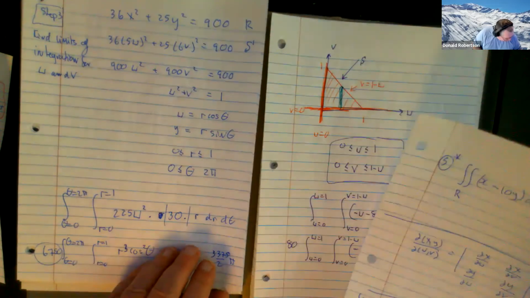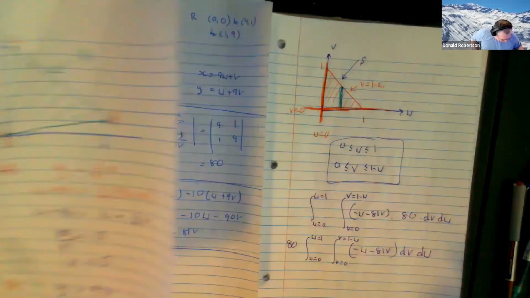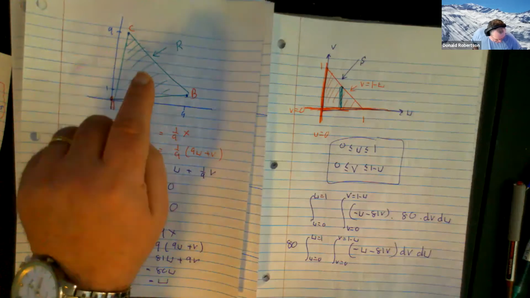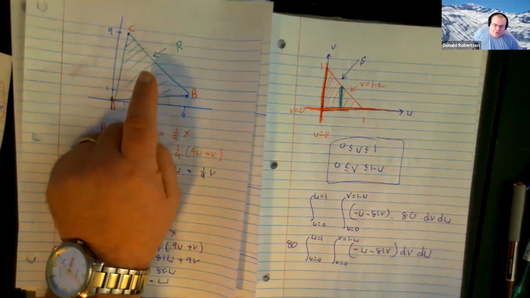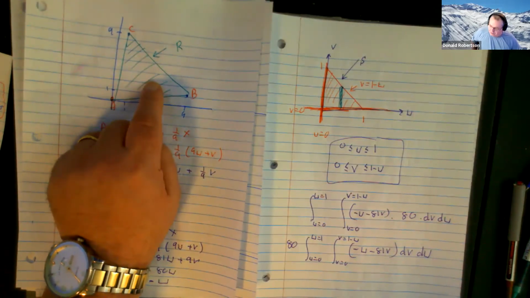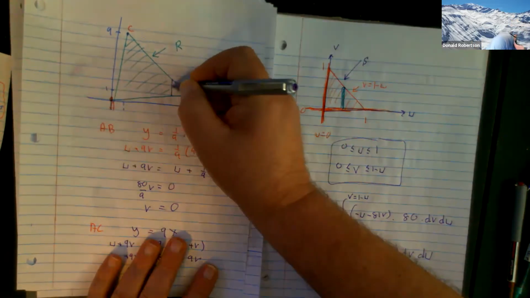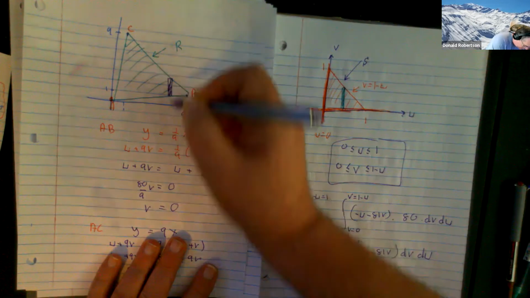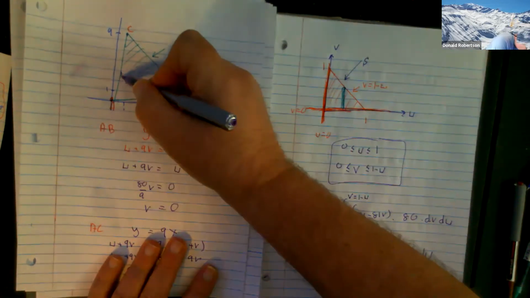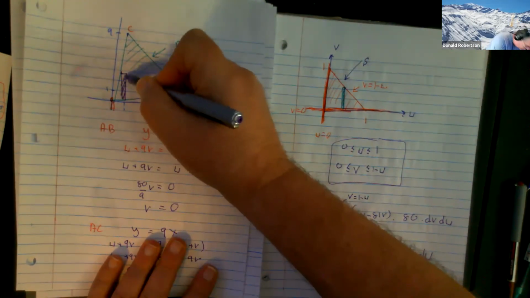Now I'm trying to see if I can, oh, there we are. If you were wanting to do this without doing a change in variable, right? If you try and go vertical, right? Do you see the problem?